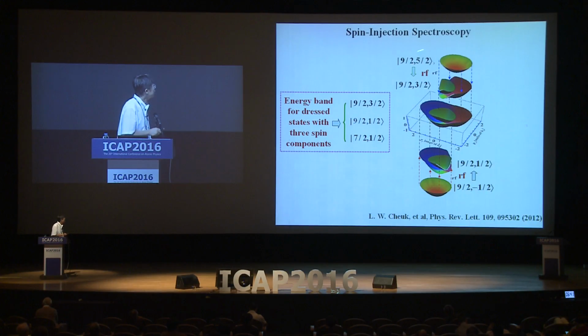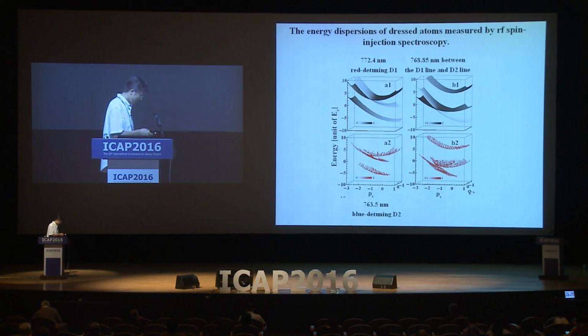The spin injection spectroscopy has been used to study 1D spin-orbit coupled Fermi gas by the MIT group. This is our experimental result. When we set the wavelength of the Raman lasers at blue detuning from D2 or red detuning from D1, we can see this Dirac point appear at the higher energy band.